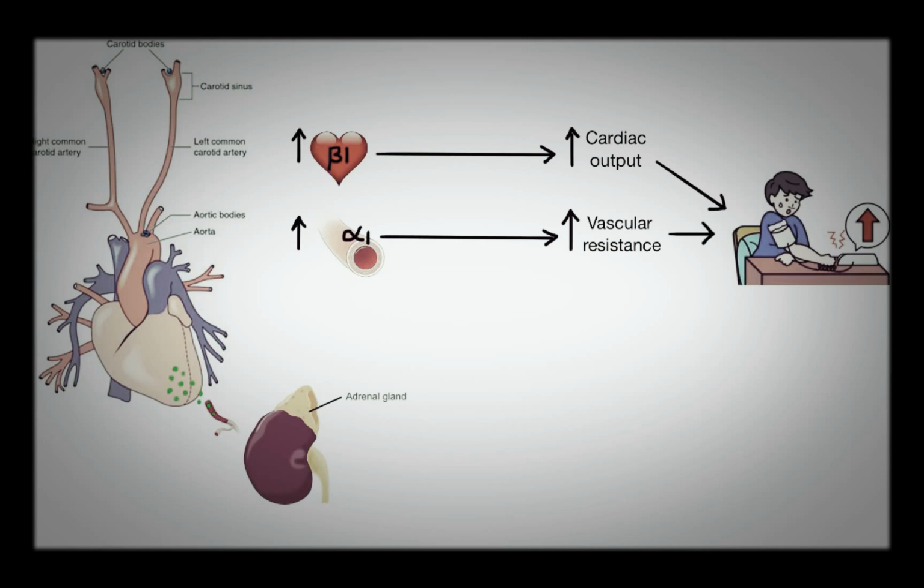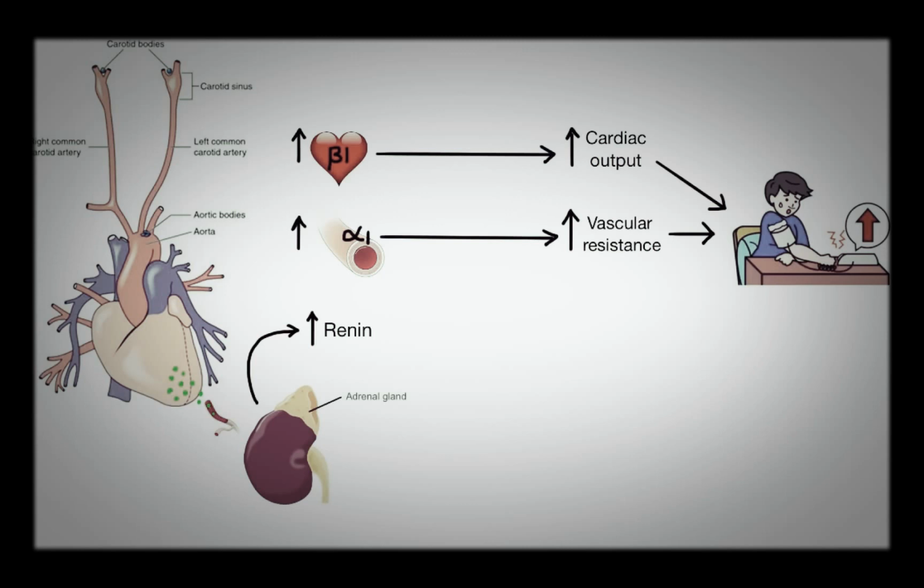Now, another major system involved in blood pressure regulation is the renin-angiotensin-aldosterone system. So, we also have baroreceptors in the kidneys that respond to fall in blood pressure or reduction of blood flow by releasing enzyme called renin. Additionally, renin secretion is also stimulated by sympathetic activation of beta 1 receptors in the kidneys.